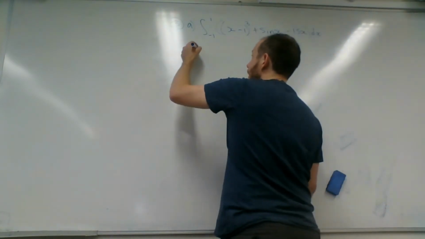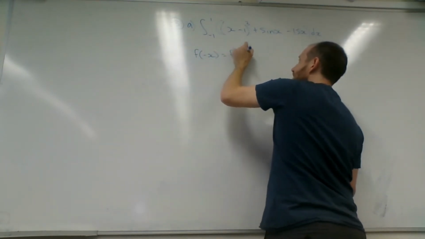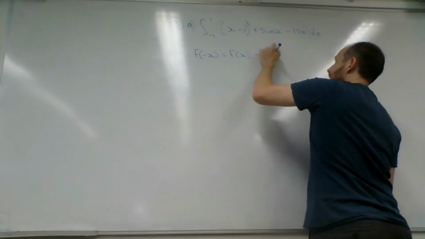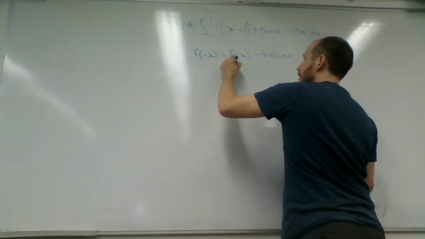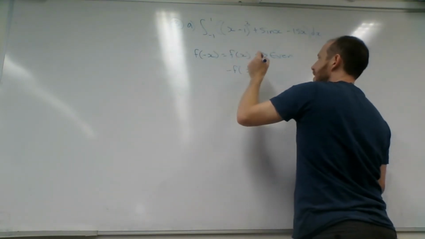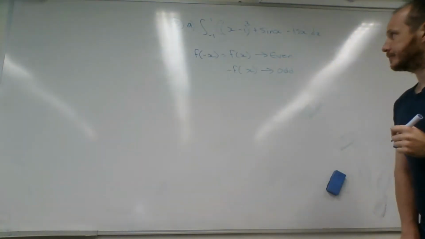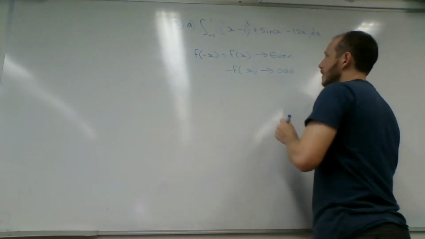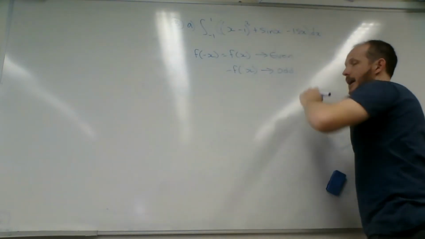So just to summarize, if f of minus x equals f of x, we are looking at an even function, and if f of minus x equals minus f of x, we have an odd function.